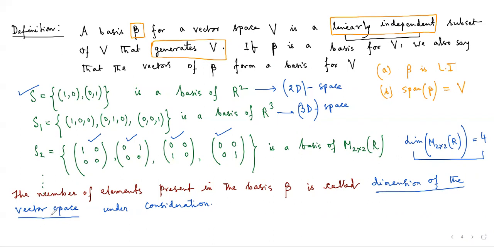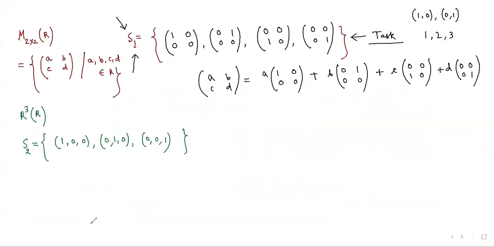In section 1.2, you have probably seen an exercise, exercise number 11, which talks about this particular set. That means a singleton set consisting of only one vector, the 0 vector.